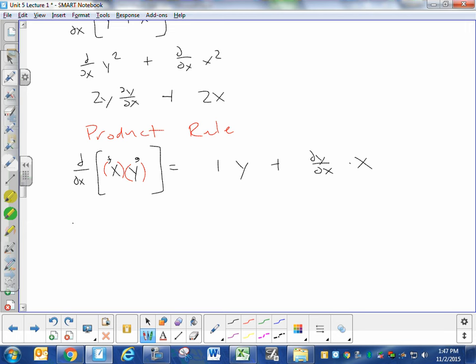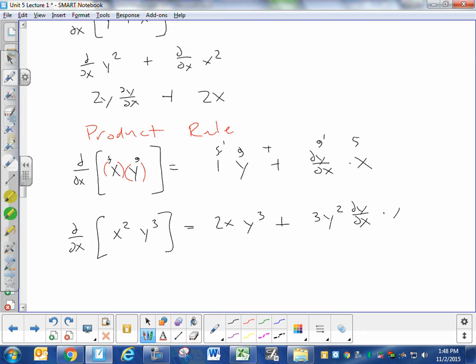Okay, and of course, if we had something like 2x squared y cubed, and we could do this really quickly, it'd be the same procedure. Derivative of the first times the second plus the derivative of the second times the first. The derivative of y cubed would be 3y squared, including dy dx, times the first.